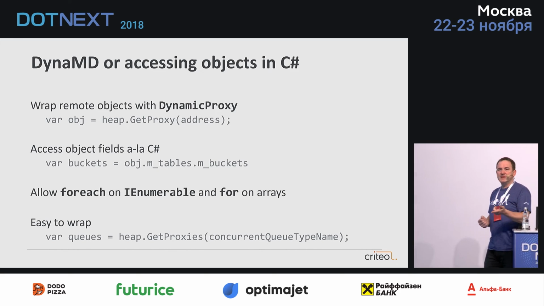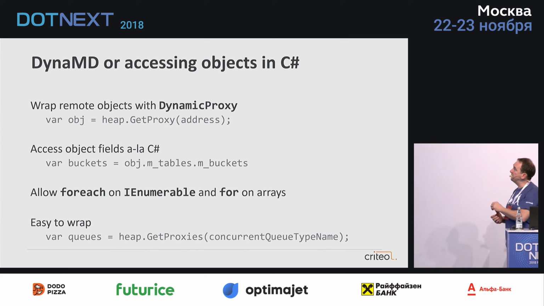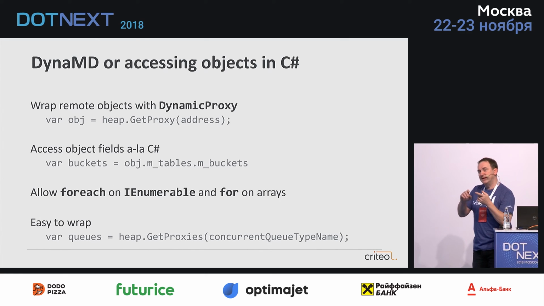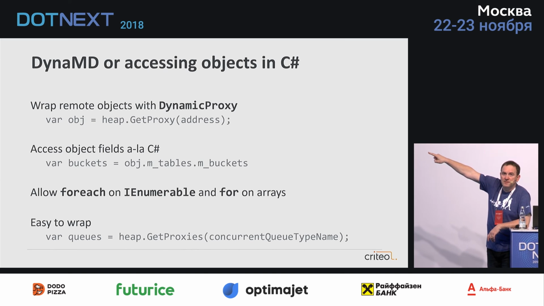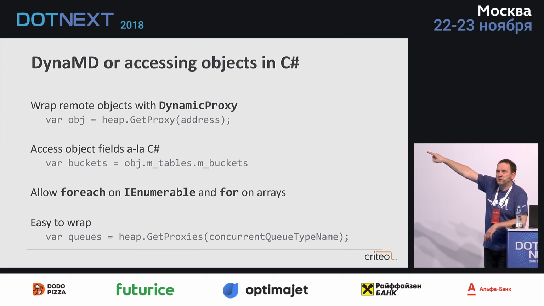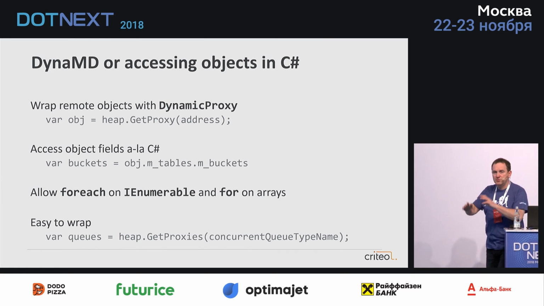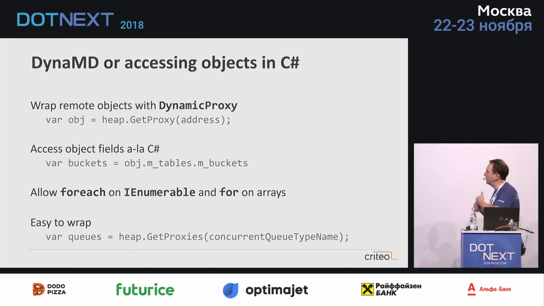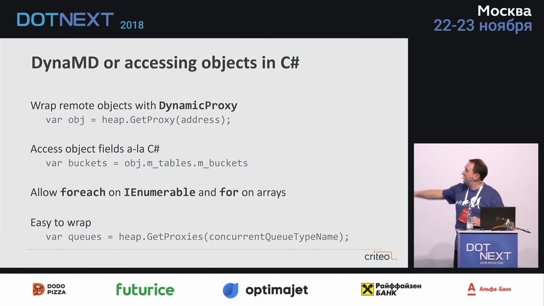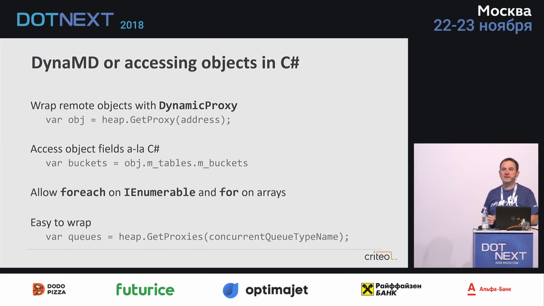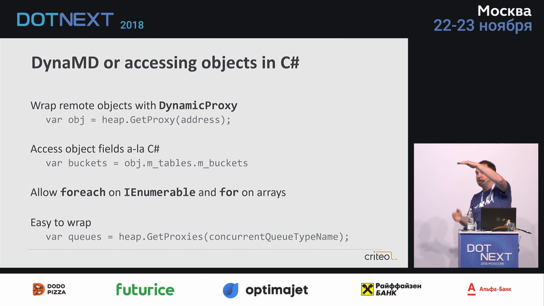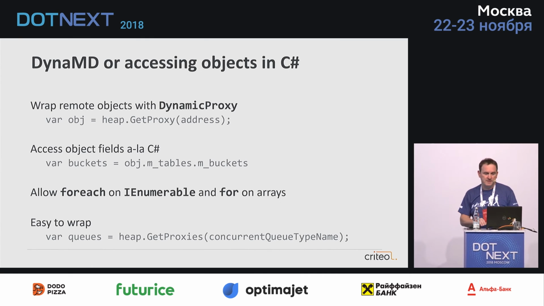I have an extension method called getProxy on the heap, and now if I want to get the m_bucket field of the m_table field of an object, I write the code in the middle, which is something that I definitely want to write instead of the other one. It supports foreach for enumerables, it supports arrays, and I even get another extension method called getProxies with the name of the type, and I only get the instances in my whole heap for that type.